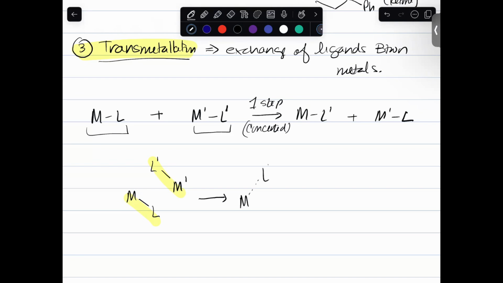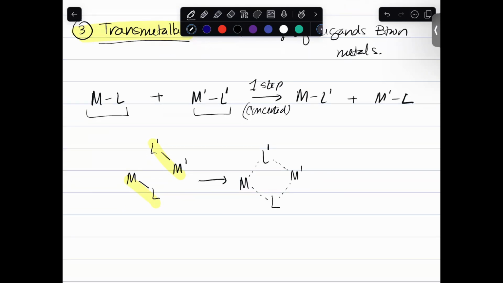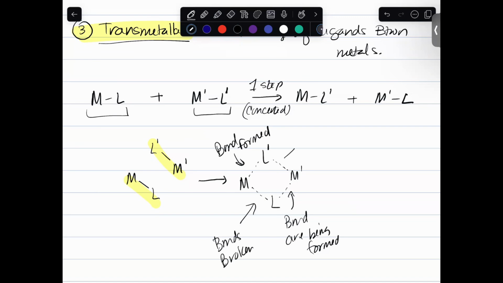And so it looks like a cyclic structure, where not surprisingly, bonds are being formed while bonds are being broken, to form your products.